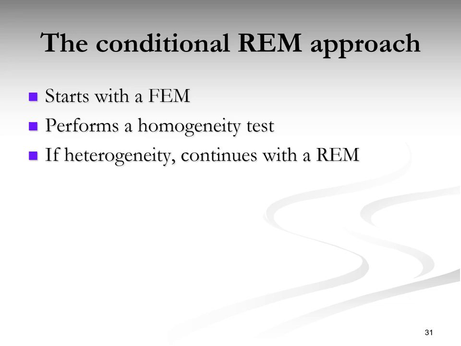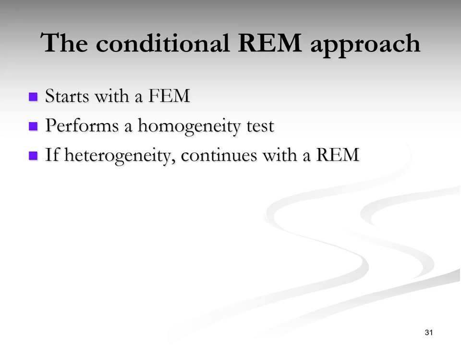And in that case, in a conditional random effects model approach, one would continue using a fixed effects model, whereas a random effects model would be more appropriate. So my suggestion is to always use a random effects model.